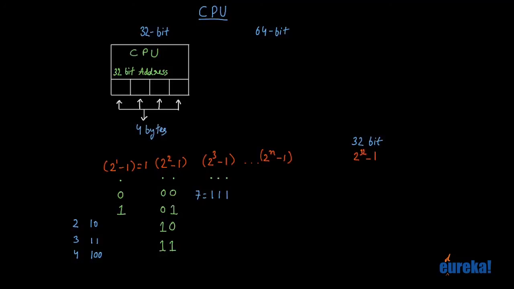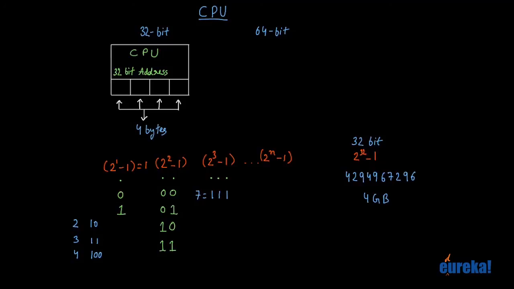This is nothing but 4,294,967,296. This means we can have a memory with so many bytes, which is nothing but 4 GB. Hence, with a 32-bit CPU, you can only have a maximum RAM of 4 GB.